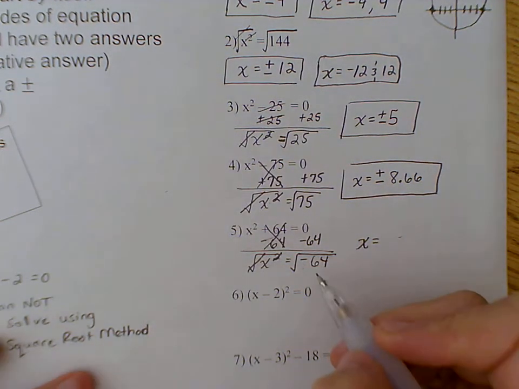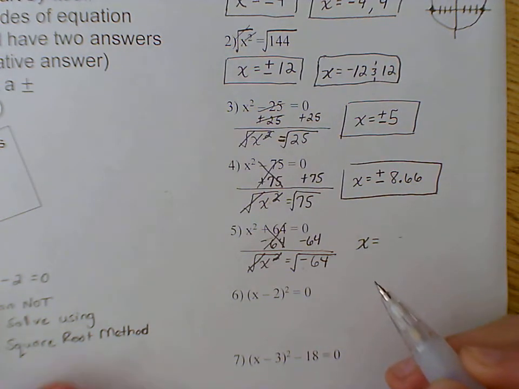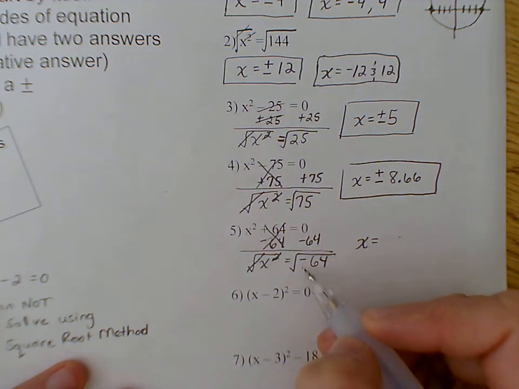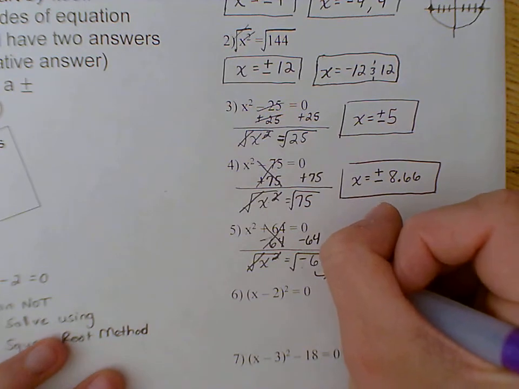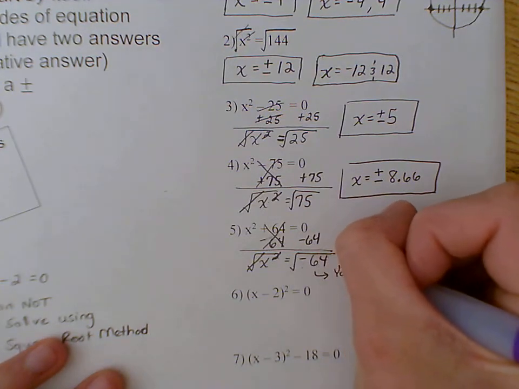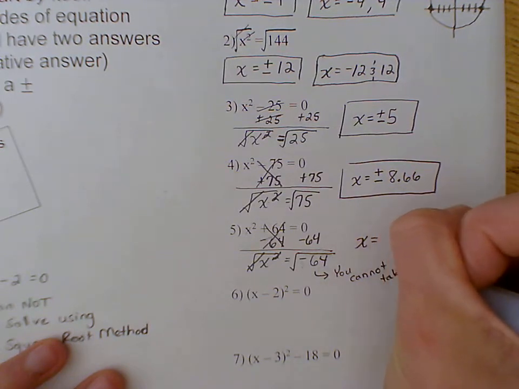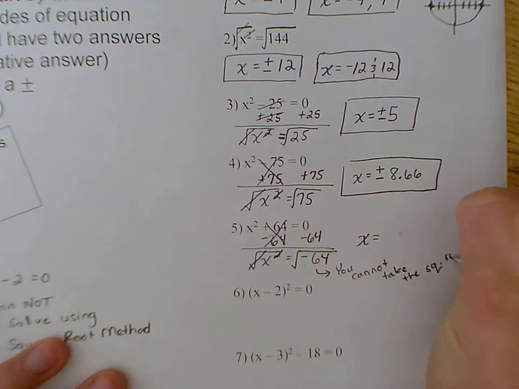But in this class, we just need to remember that this is going to give us solutions that are not real numbers. They're actually called imaginary numbers. So if this happens and you end up taking the square root of a negative, you cannot take the square root of a negative.